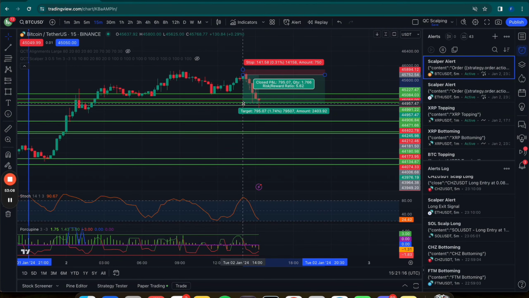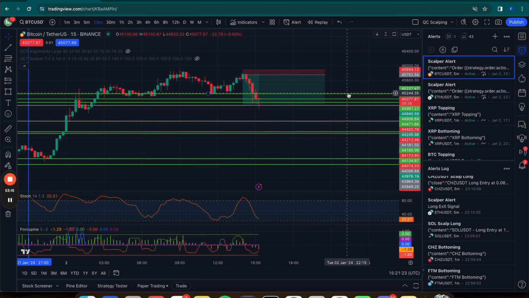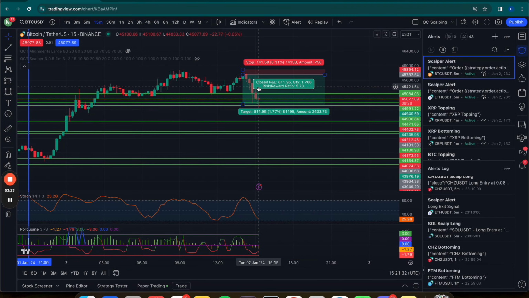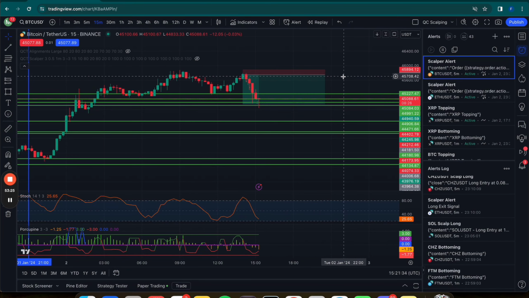So when you get to the actual bottom of the range, you're already in profits. And you compare this to someone that enters well within the move of the range, like the middle of the range. They don't have a lot of area to make profit in. However, you're already making profit when they're not even in the trade yet.